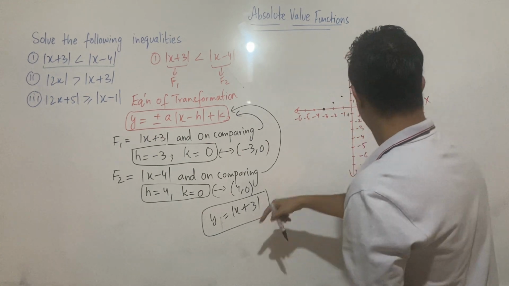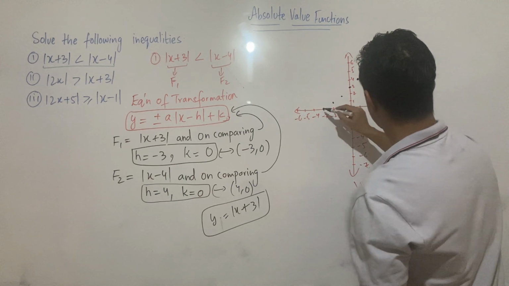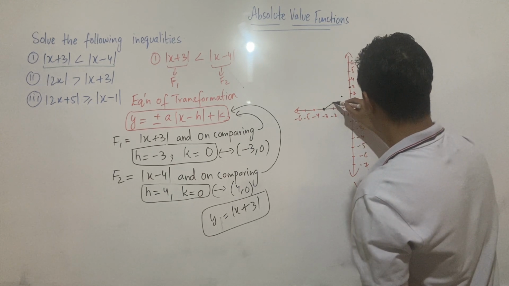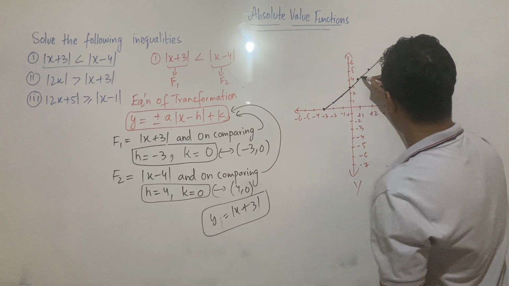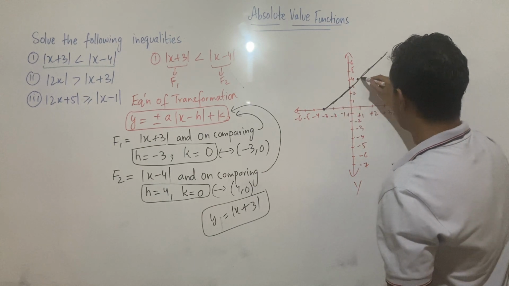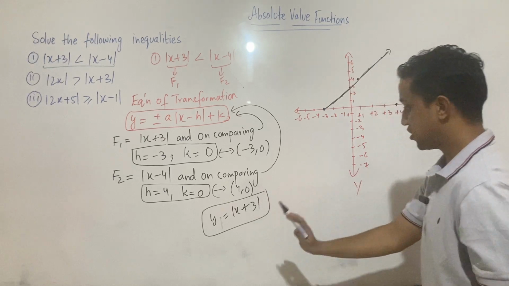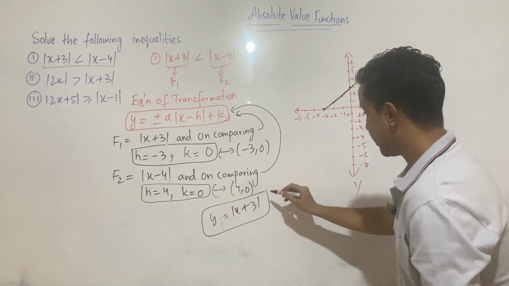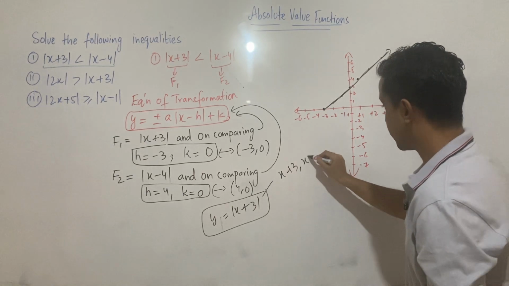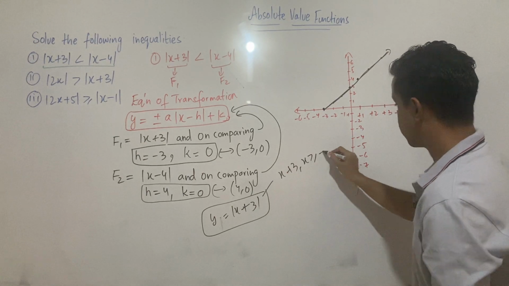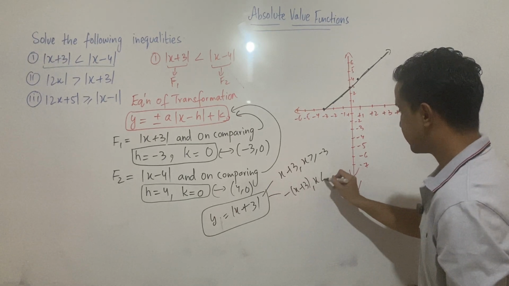If I put 3 for x, it's going to be 6. Okay, so what is this going to represent? Because see here, we have x plus 3 for x greater than or equal to -3, and minus of x plus 3 for x less than -3.